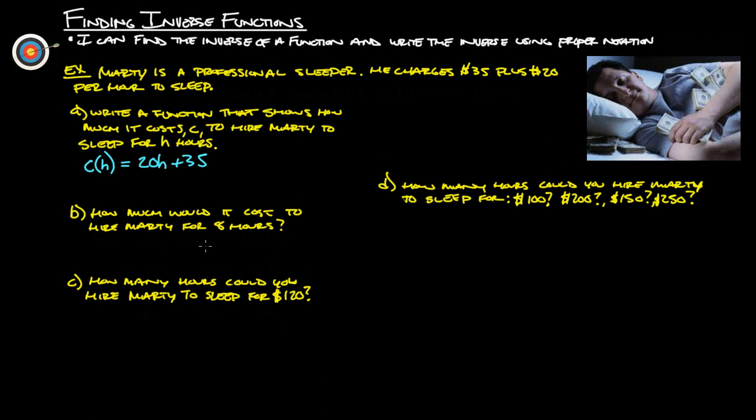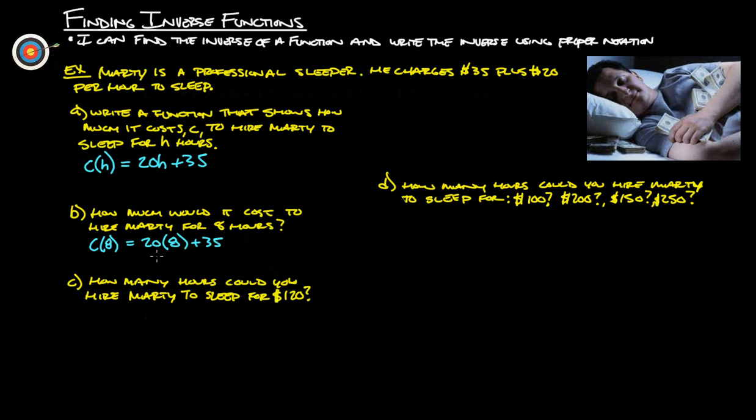B, how much would it cost to hire Marty for 8 hours? So we would really just do C of 8, and that's just showing that we're plugging 8 into our C machine, the function there, right? Equals, and so really what we're doing is 20 times 8 plus 35.